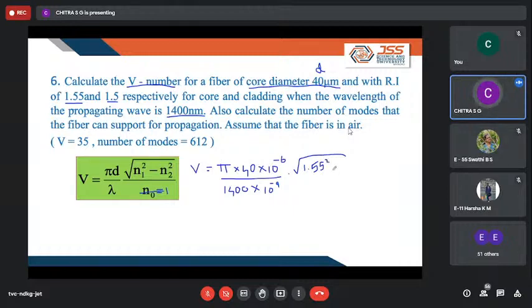Can anybody tell me the value? 35.03, ma'am. Okay.